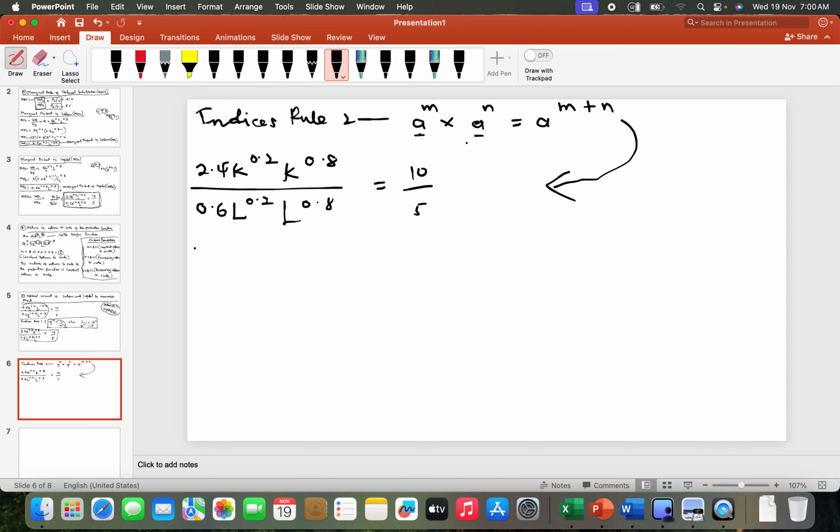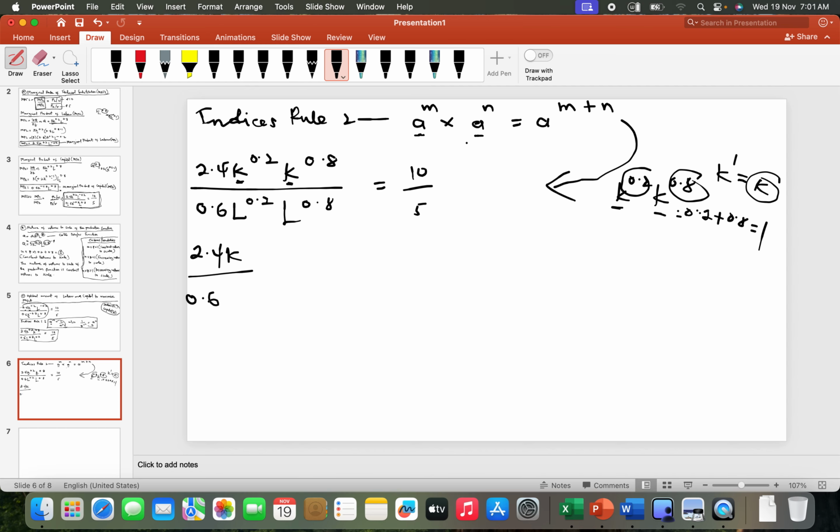The number here is 2.4. Same base, this is K, this is K, so we add their exponents: K exponent 0.2 plus 0.8 would give us 1. We don't write K exponent 1, so it's just 2.4K.